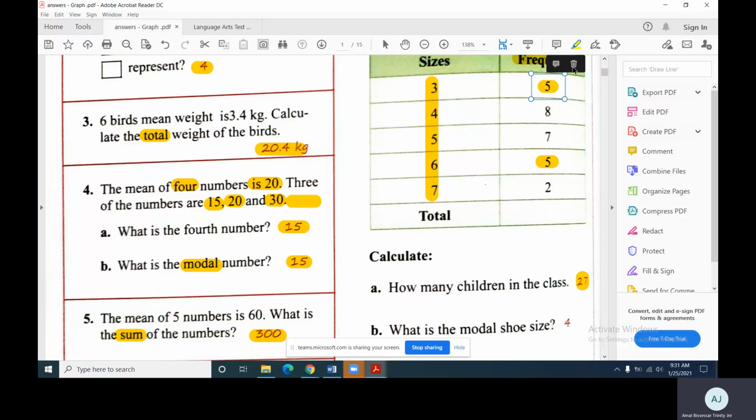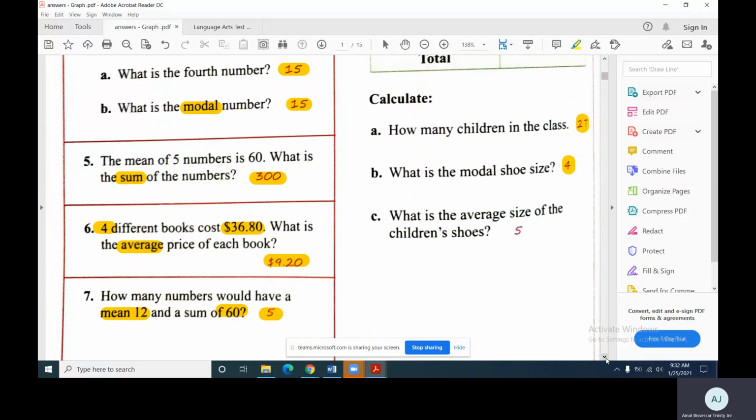The most common shoe size would be the size that a lot of people wear. And the size that a lot of people wear is size 4, because unlike all of the others, 8 people wear size 4. No other size has more people than size 4.